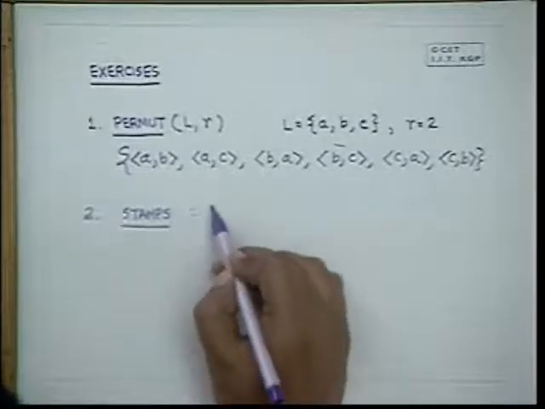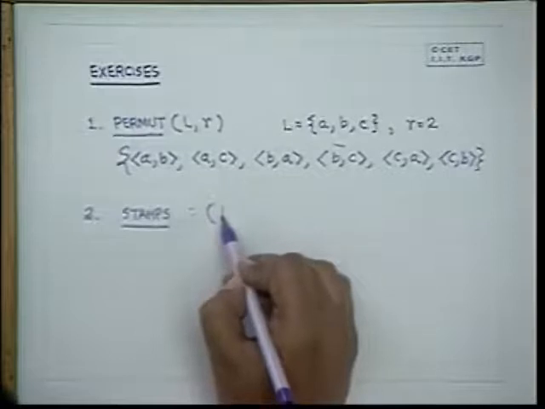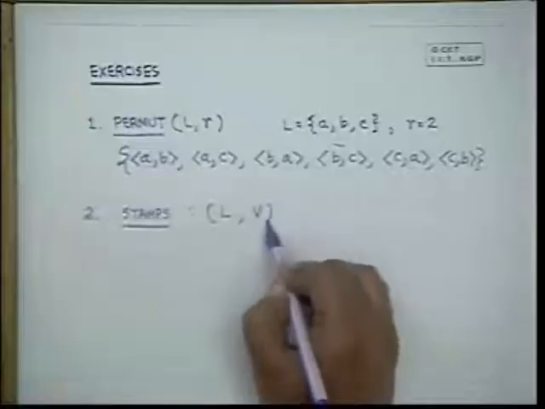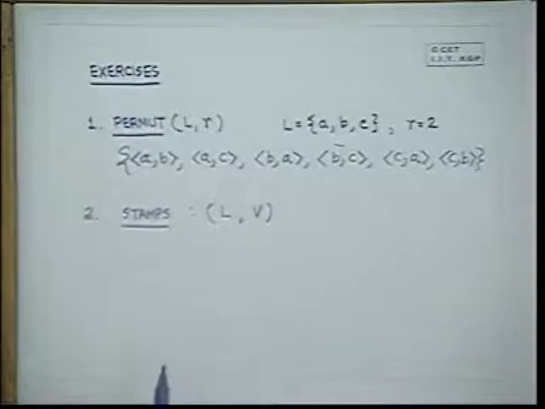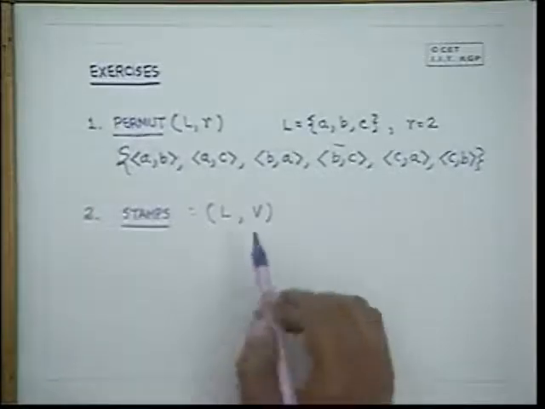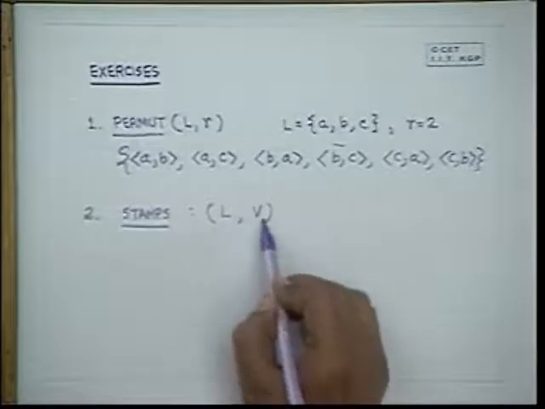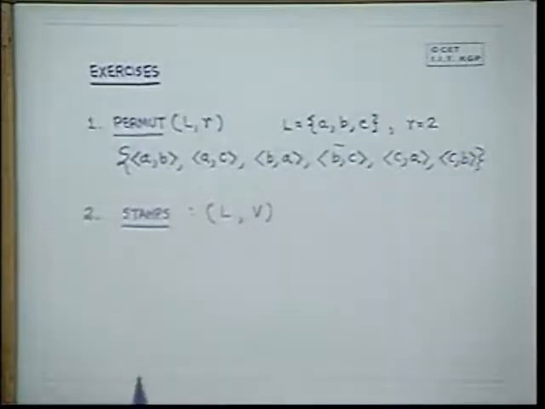So you are given a set of stamp values L, and you are given a value V. Now you are to find out a set of stamps which make exactly the value V.